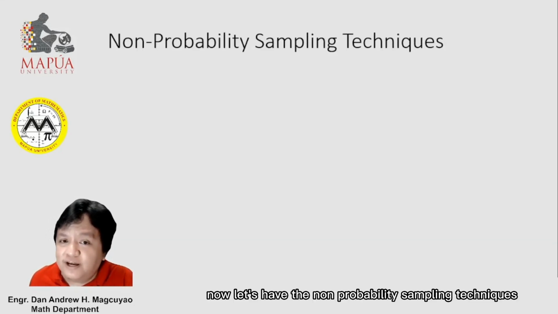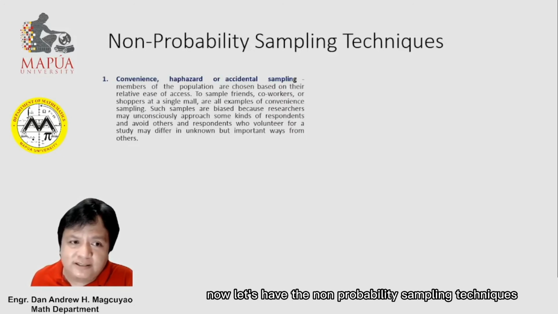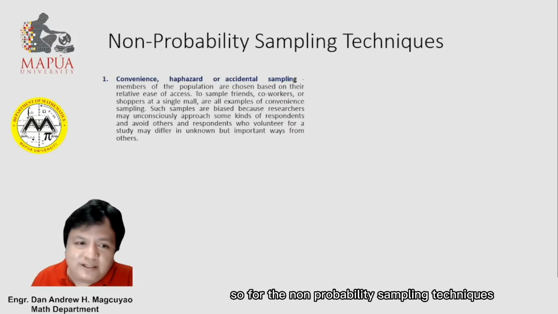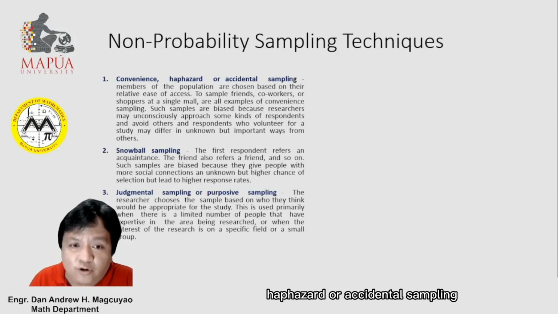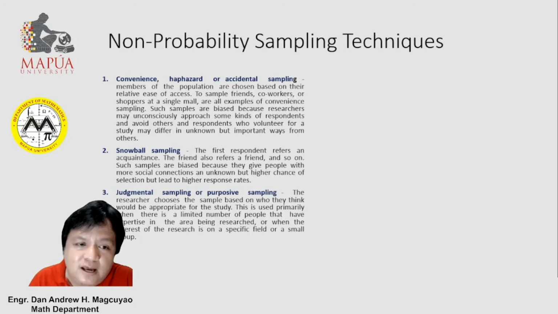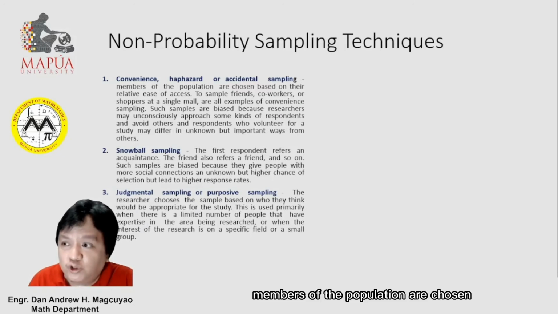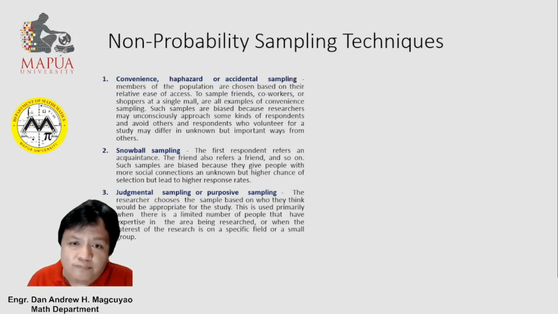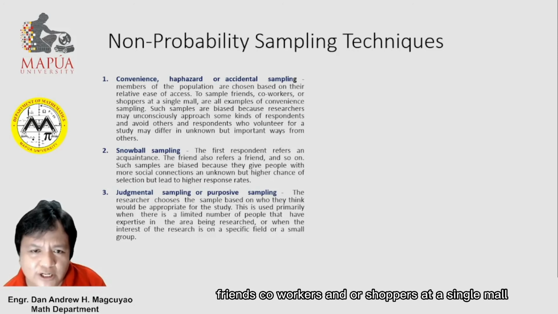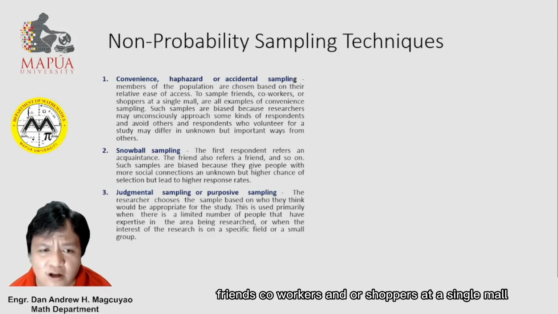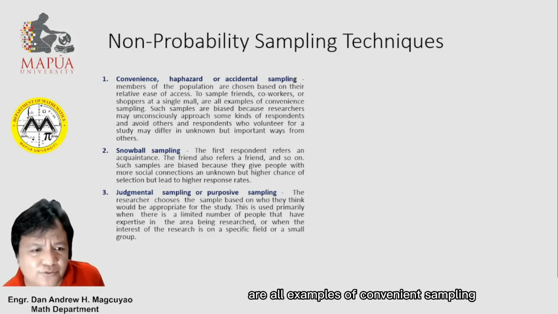Now let's have the non-probability sampling techniques. For the non-probability sampling techniques, we are going to have three. First is the convenience, haphazard, or accidental sampling. Members of the population are chosen based on their relative ease of access. To sample friends, co-workers, and/or shoppers at a single mall are all examples of convenience sampling.